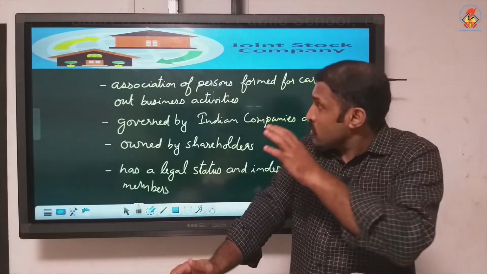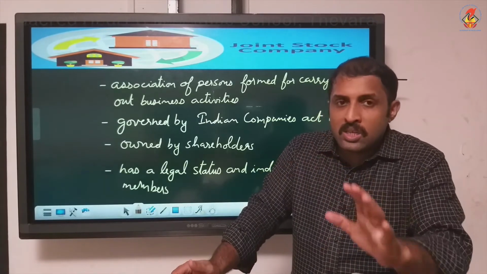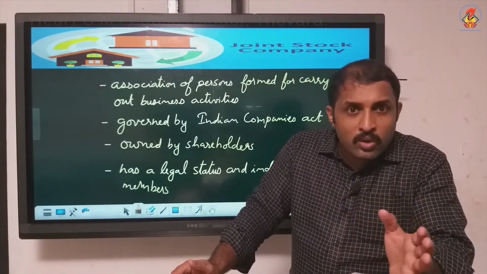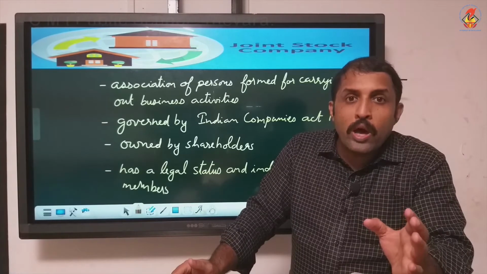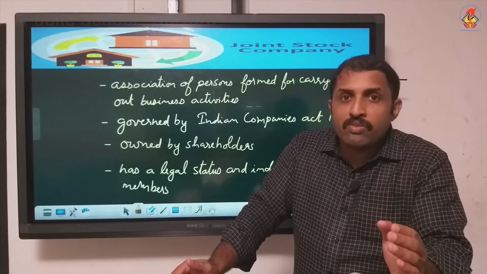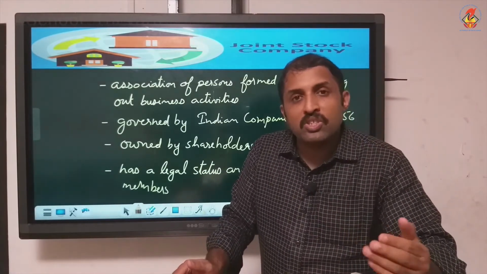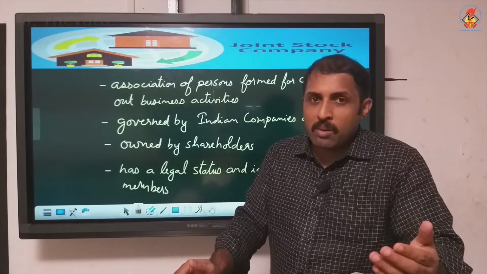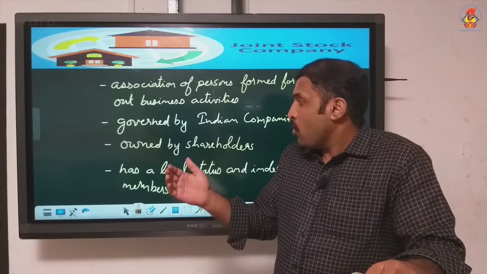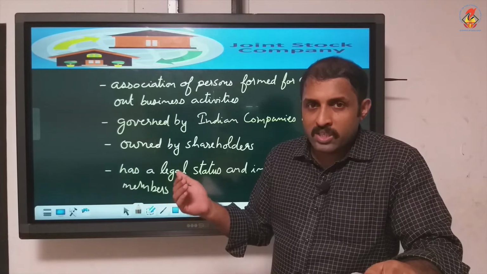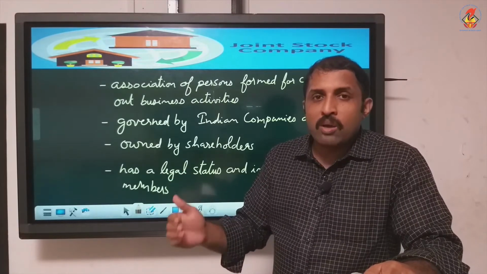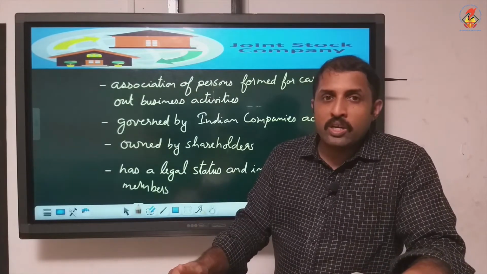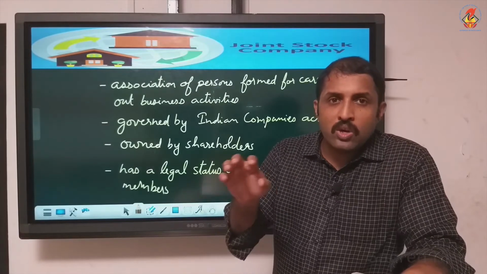So association of persons means those persons who have purchased the shares of the company, and by purchasing the shares they are becoming owners of the company, owned by shareholders. That is why we are saying joint stock company is owned by shareholders. And what makes it a joint stock company?